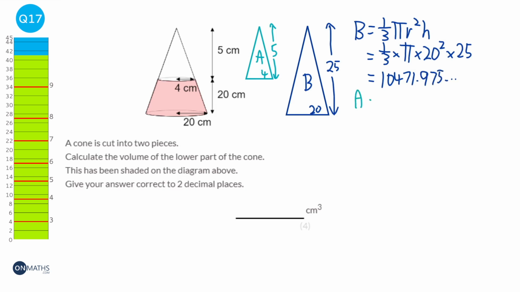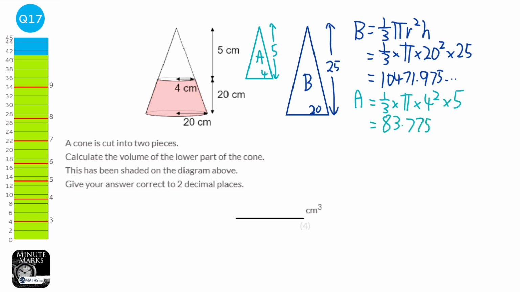We're going to work out the volume for A, and this time it will be 1/3 times pi times the radius now is 4, and the height is 5. So that will be 83.775 and so on.